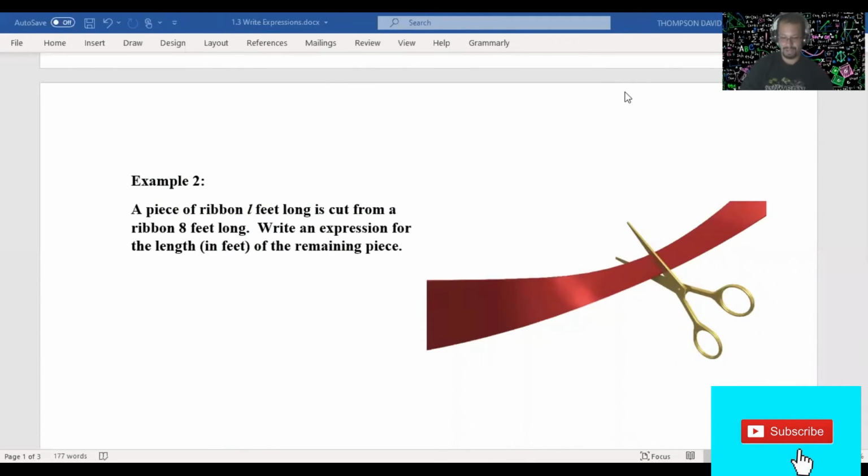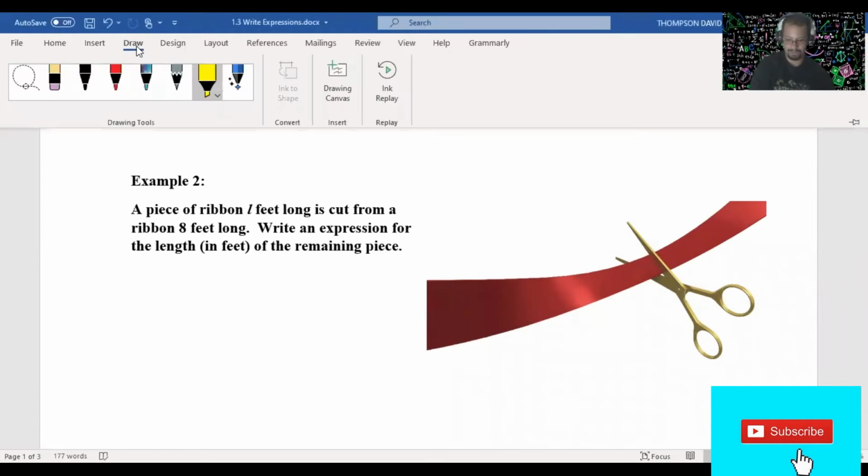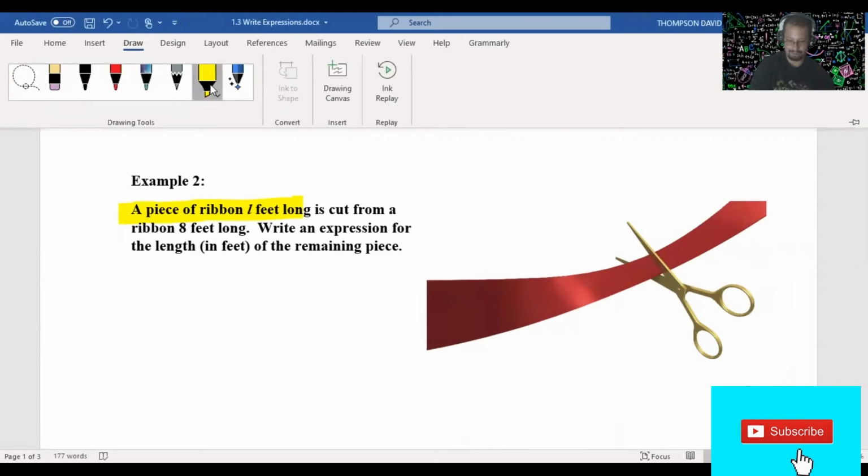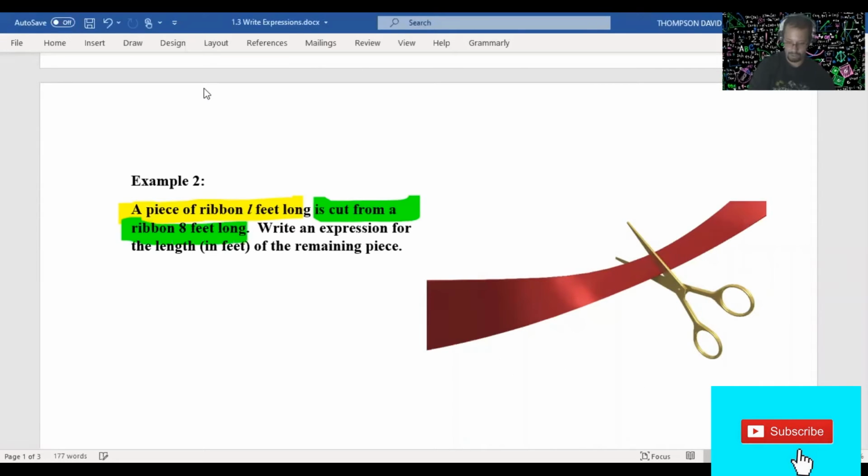Example 2. A piece of ribbon L feet long is cut from a ribbon 8 feet long. So let's start highlighting. The piece of ribbon that's L feet long is cut from a piece that is 8 feet long. Write an expression for the length in feet of the remaining piece.